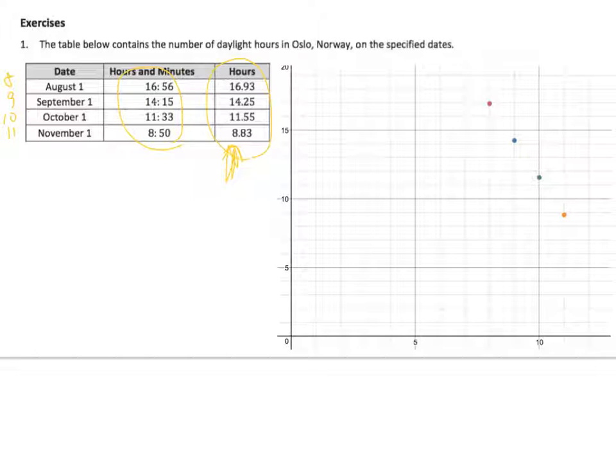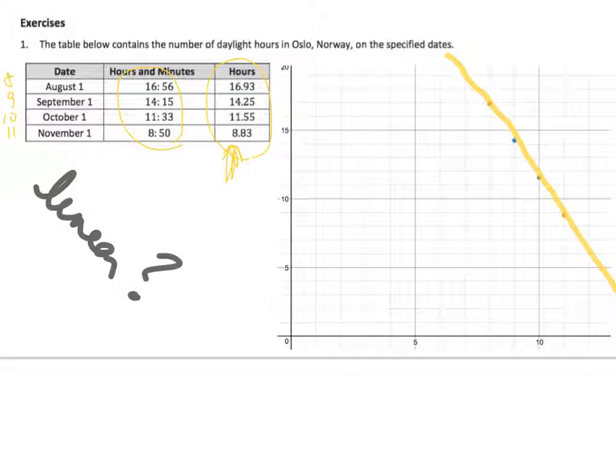So I see a line, which I know doesn't seem quite right, does it? I can draw a line right through this thing. But would daylight hours be linear? If it were linear, that means as my months continued, I would approach 0.